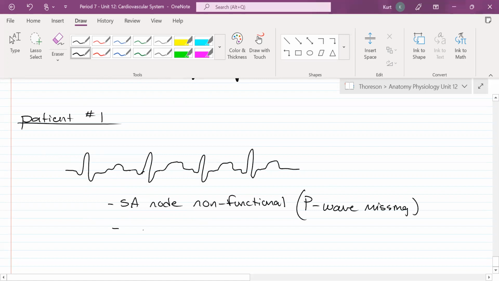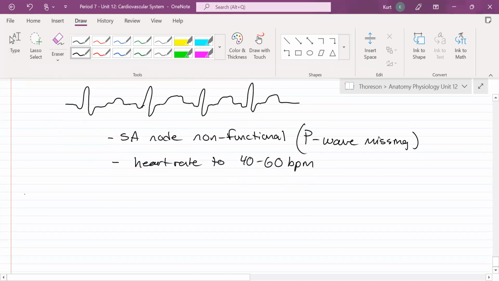This is going to slow down your heart rate to 40 to 60 BPM. Your average, we did this the other day. Some of you were in the 60s, some of you were in the 90s. We're going to say the average is about 75 beats per minute. If you're down to 40 to 60, is that bradycardia or tachycardia? That's bradycardia. That's going to be slower than you should be.